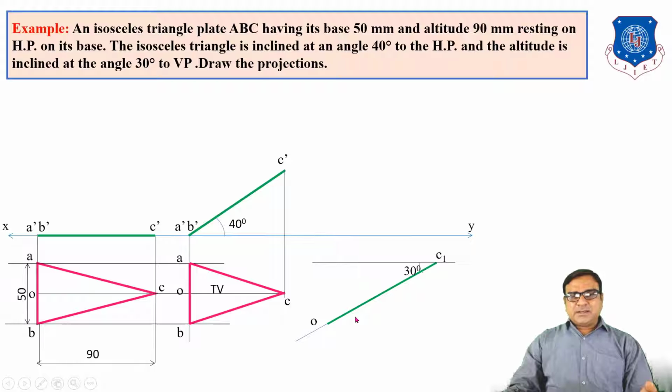Now this line is the true length, 90 mm, and on C1 the horizontal line is the locus of C. To obtain point small c, we take O as center and this top view distance as radius and draw an arc to get point C.